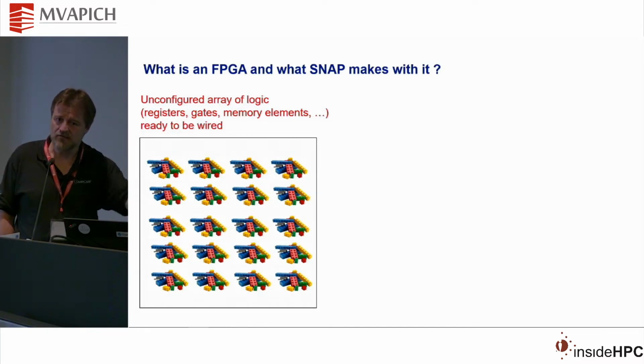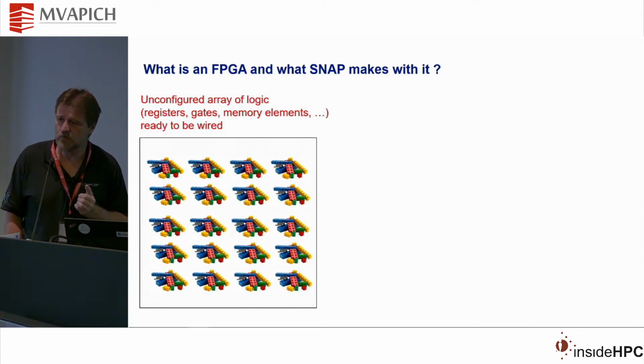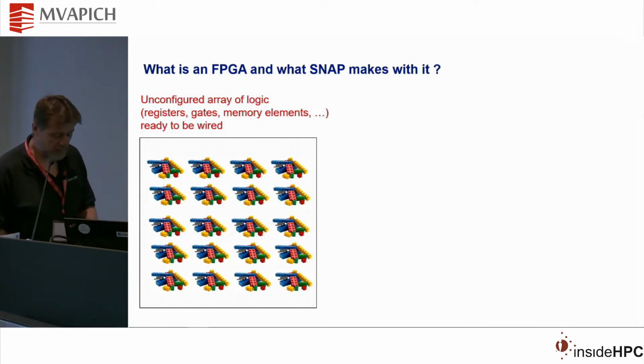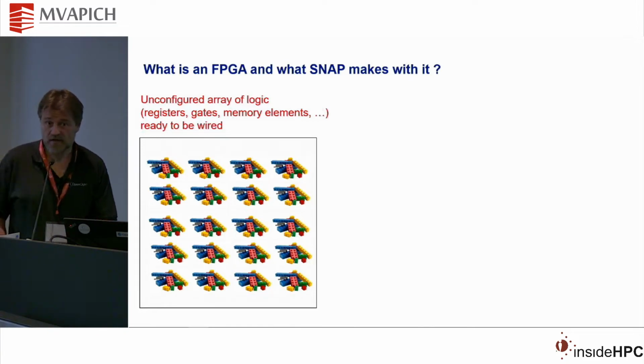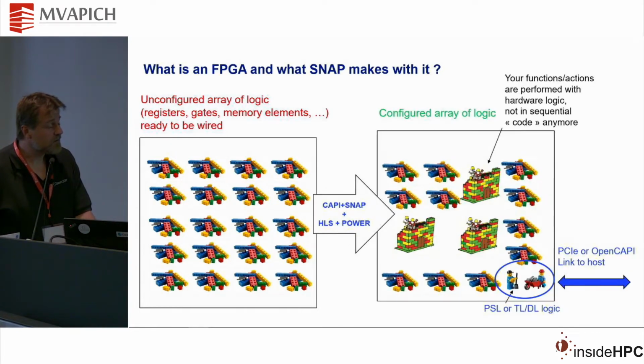They leave it to you to interconnect the hardware logic the way you want to build your function. So it's really a sea of register gates and pieces of memory, ready to be wired, and they just left out the last step of the chip construction. It's up to you to make the construction you want.